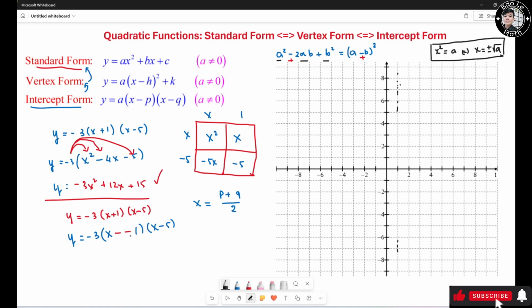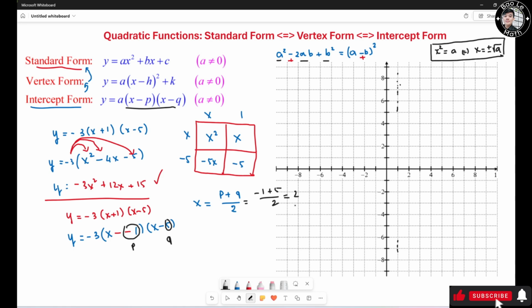In this situation, this is p, and this guy is q. Look at the formula right here. So s equals p plus q divided by 2, which is negative 1 plus 5 divided by 2. It's going to be 2, right? Now, this is the axis of symmetry.